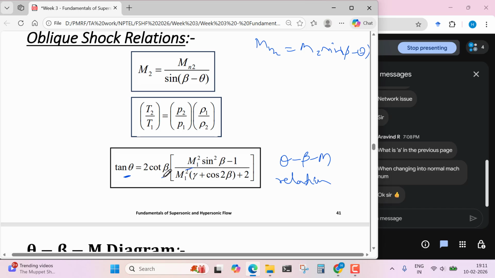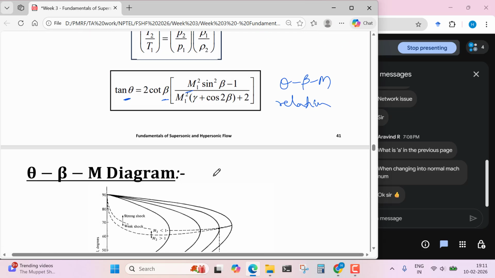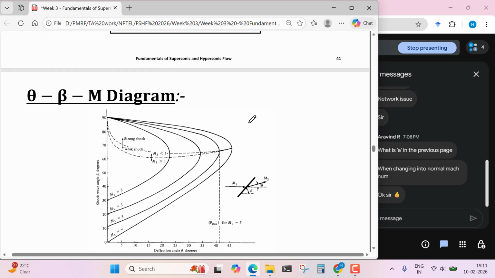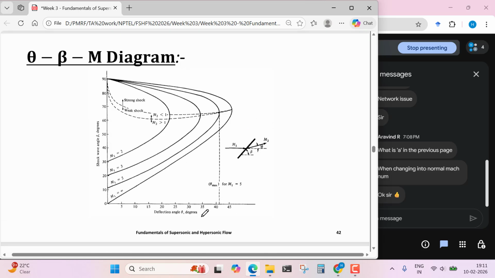So the only unknown is beta, which you can find from this relation. In many books you will see one theta-beta-M diagram which is plotted using this equation only, where the axes are deflection angle or turn angle theta and shock wave angle beta, and it is plotted for different Mach numbers.